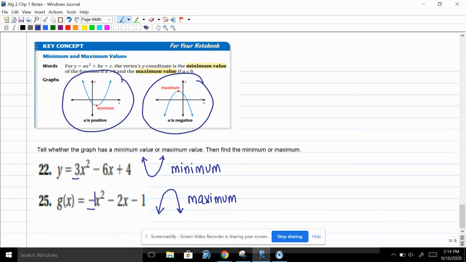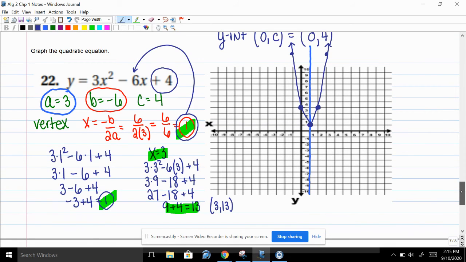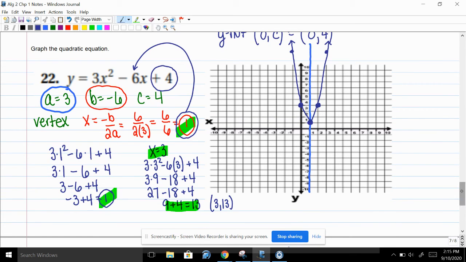So I'm going to take number 22 and bring it up here where I got a little more room. The x-coordinate of the vertex, remember, is -b on top of 2a. So for this one, b is -6, so the opposite of -6 is 6, on top of 2. I actually already did this one for you guys, and I just realized it. I'm not going to go through all the work again because it's all the way up here.